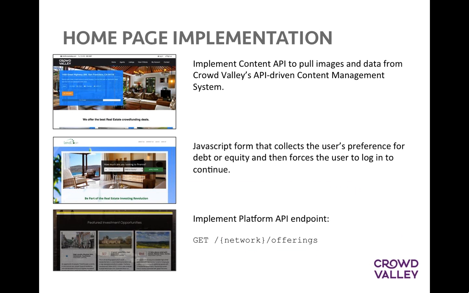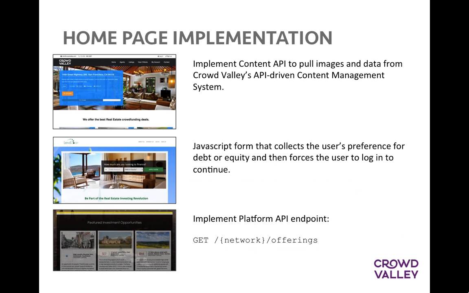So you have a few choices of how you might want to implement a back-end connection on the homepage. One choice is that there is a content API that's available through our backend, and this works as an API-driven content management system. So if you have a library of media, for example, photos or videos or marketing copy, then you can load those into our CMS, and then you can have the system pull down data directly from that system.